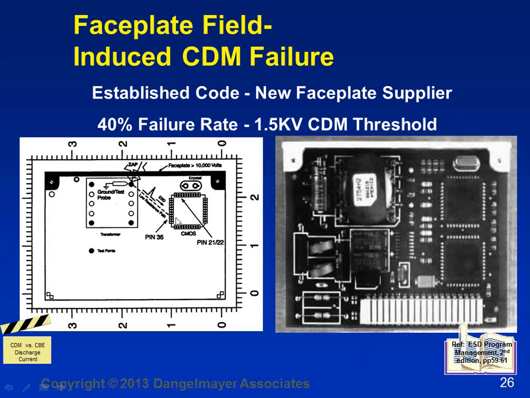This pin was connected to pin 36 on the device, and pins 21 and 22 failed as a result of this discharge at the inductor, transformer. By the way, it's not unusual for CDM to occur that way, where you stress one pin and others fail.